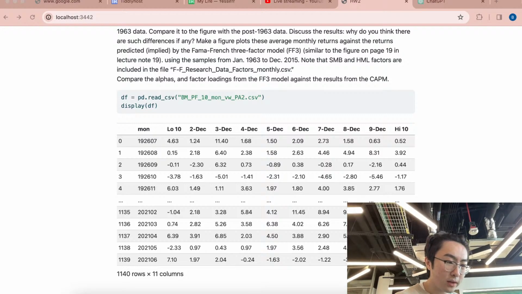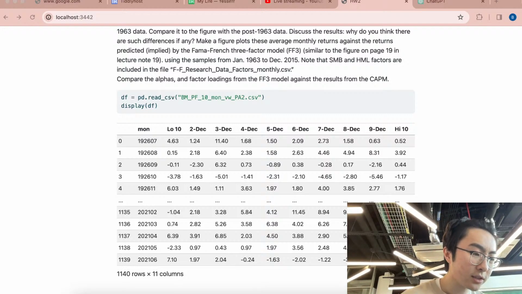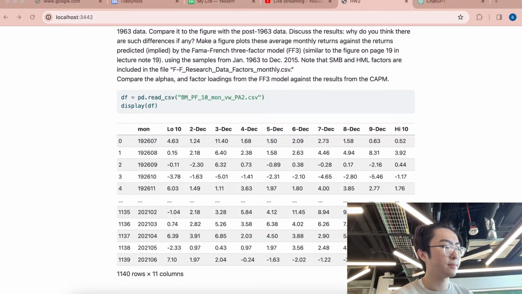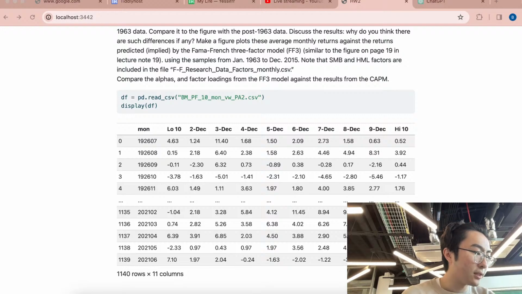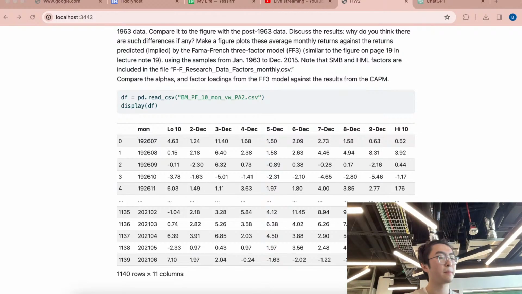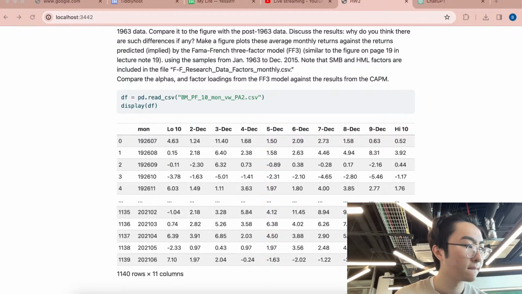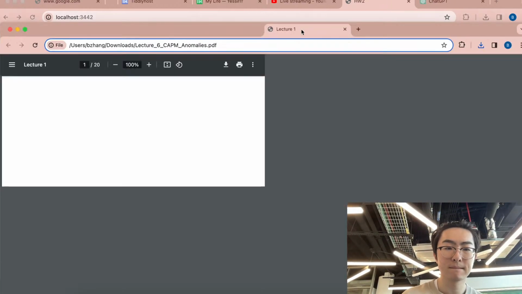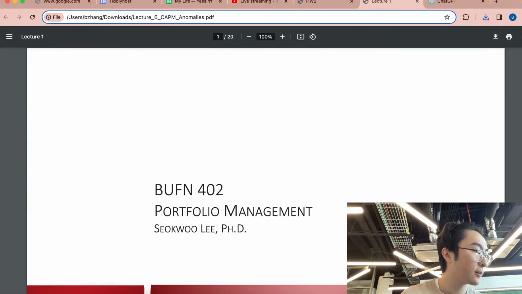All right, so what's lecture notes? Lecture notes 6. Okay, and then we want page 19. All right. I'm just gonna download this real quick. I'll bring this over here.